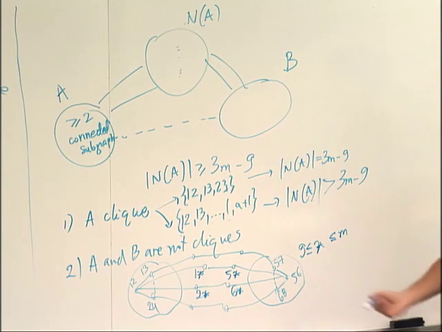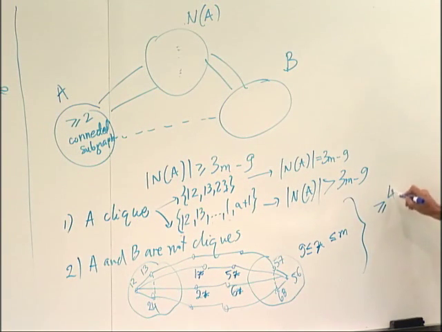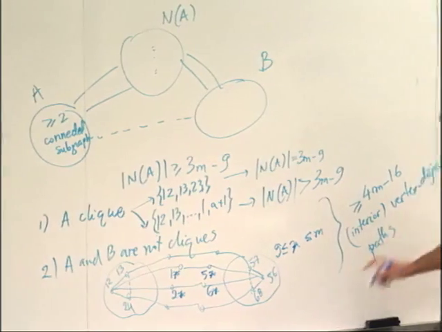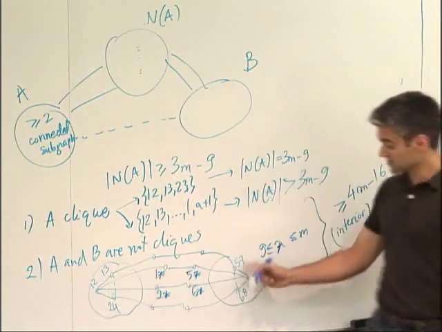At the end, you end up with at least, I think it was, 4m minus 16 interior vertex disjoint paths from this set of 3 vertices to this set of 3 vertices.